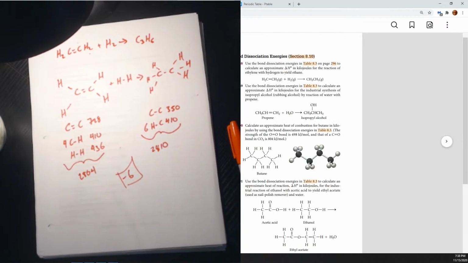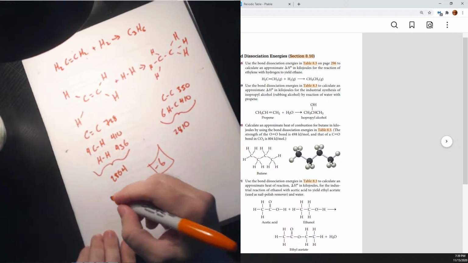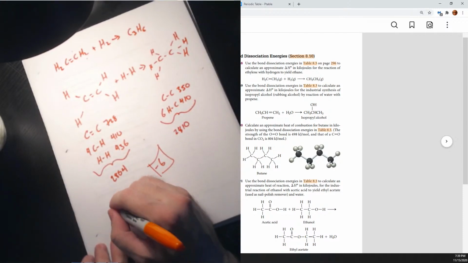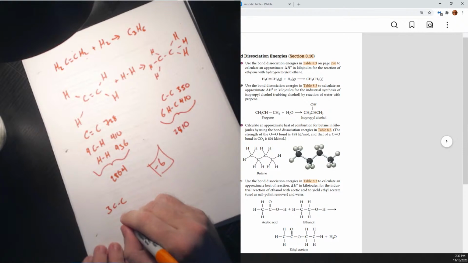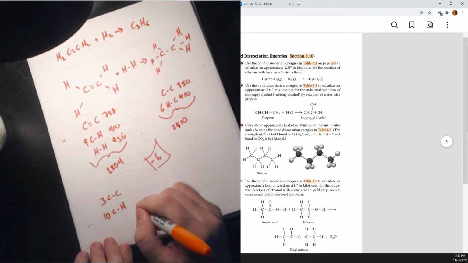All right, now 90. Calculate an approximate heat of combustion for butane in kilojoules by using the bond dissociation energies. Okay, so butane, C4H10. So we're going to have 3 carbon-carbon bonds and 10 carbon-hydrogen bonds.